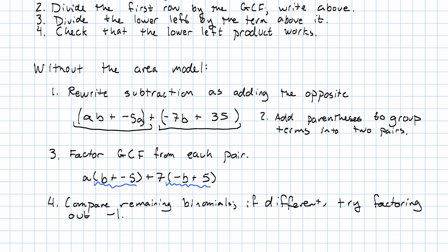We're going to try factoring out a negative 1 to see if we can get that to work. So the first part is going to remain a times b plus negative 5. When we factor out the negative 1 times 7 is negative 7. What do I need to multiply by negative 1 to get negative b? That's just a b. What times negative 1 is 5? That'll be a negative 5. Now they're the same.